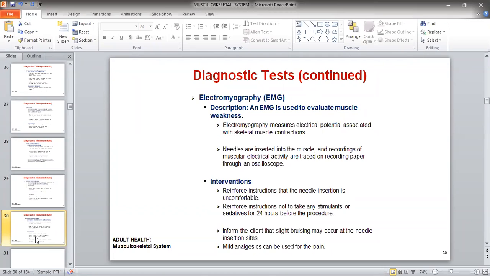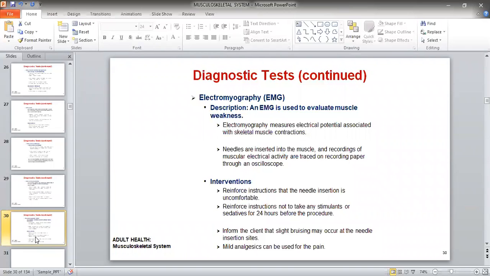So as I told you, a little bit of recap. Diagnostic tests we use for musculoskeletal function and disorders: I said radiography or X-ray for bones and joints. Then we do MRI, magnetic resonance imaging.